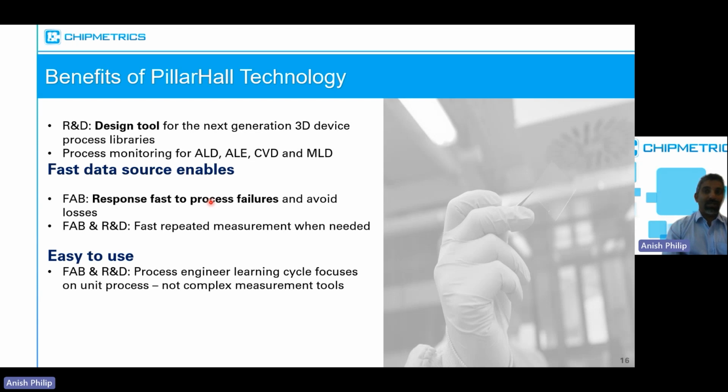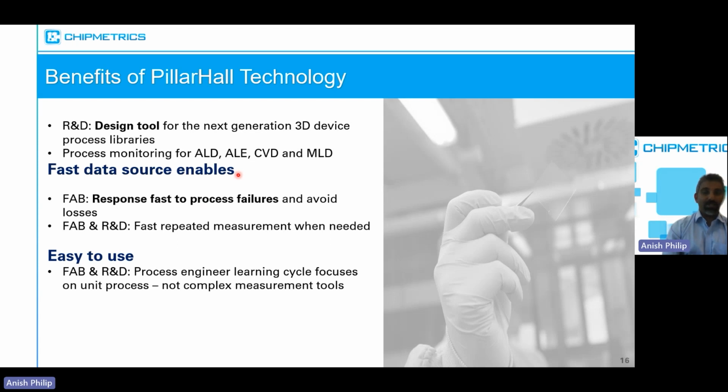You don't need to do any cross section, and you can even repeat your process and measurements, finishing within a couple of hours or a few days. But if you have vertical test structures, you need weeks or months to optimize your process.